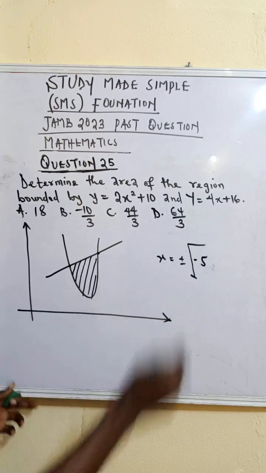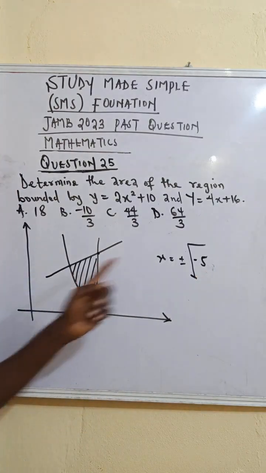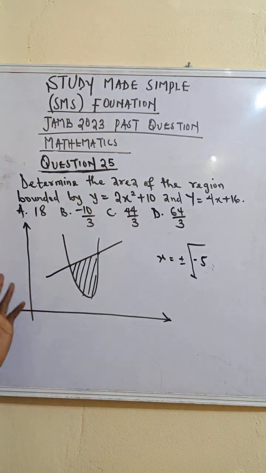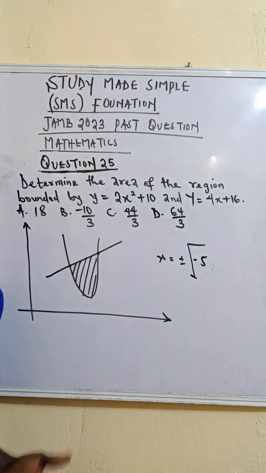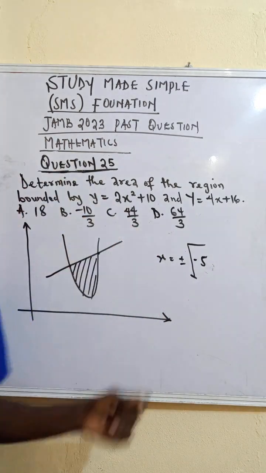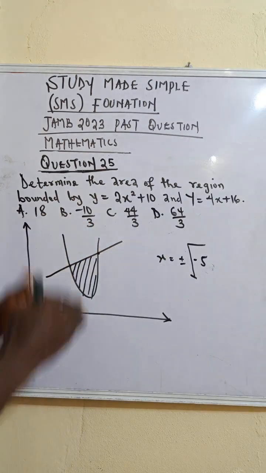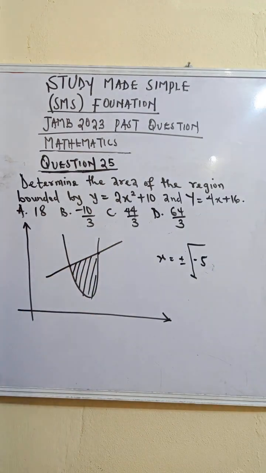That's what I'm going to get. And this is complex. So such a graph will not touch the x-axis at all. So these are concepts that students need to understand and stop looking for unnecessary shortcuts. You need to understand things. So fine, we can solve this using a shortcut, but how do you understand all of this?